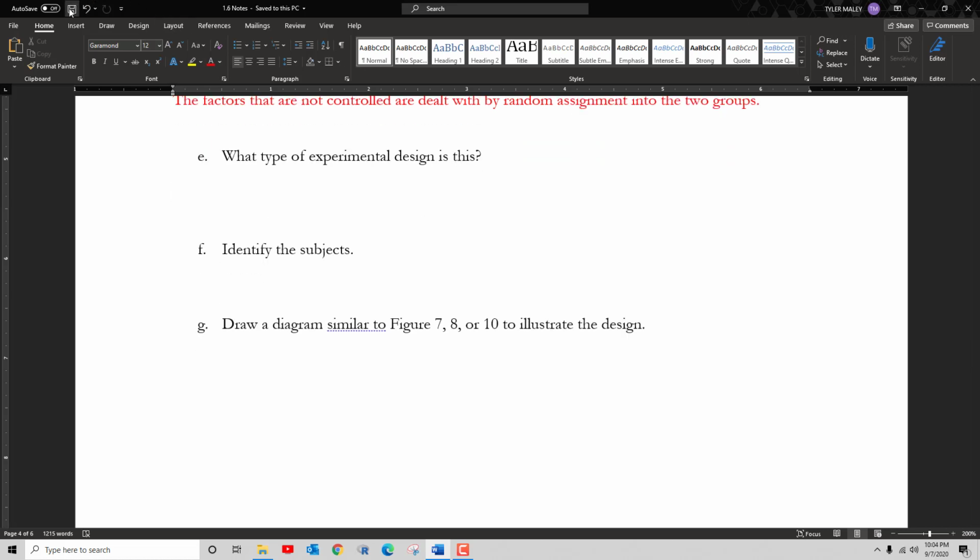The next question says, what type of experimental design is this? This experimental design would be completely randomized design. Part F, we want to identify the subjects. The subjects are the 300 adult males aged 25 to 29 who have the common cold.